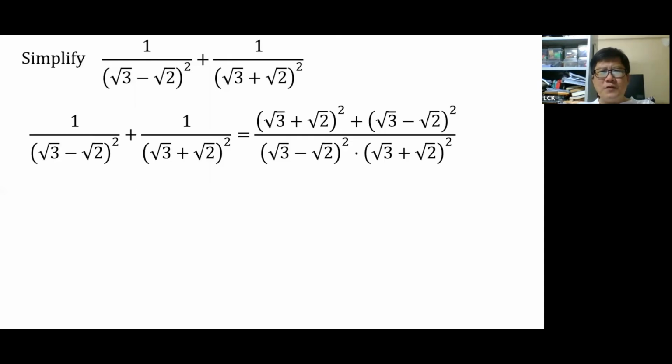What do you do? You take it to the same denominator. So you multiply this 1 over A plus 1 over B, A times B. That's what's happening here. This raised dot here is the multiplication. When you put it to the same denominator, on the top here you have square root 3 plus 2 squared, plus the plus comes from here.